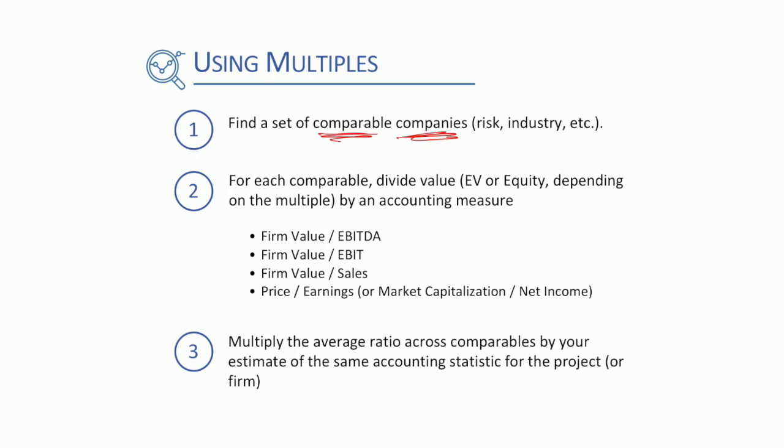Similarly, if your firm has no debt, but the comparable firms all have a lot of debt, you're unlikely to obtain a very good estimate. If your firm is not profitable and all your comparable firms are very profitable, again, you're not going to obtain a good estimate of the value. This procedure, while very quick and very convenient, is only robust if you can find firms that look a lot like the one you are trying to value.